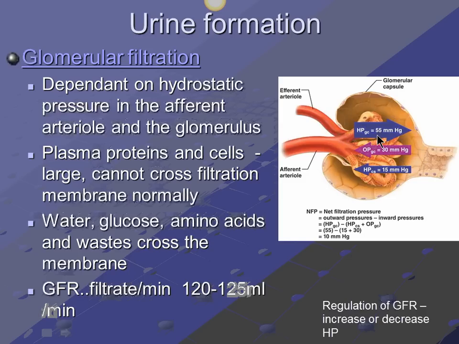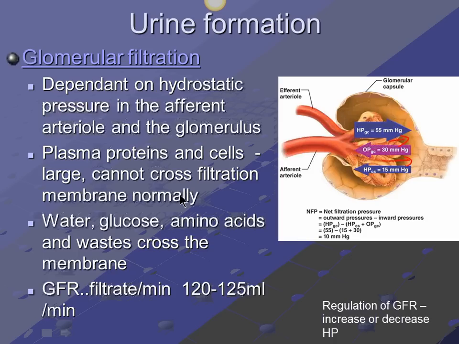And hydrostatic pressure is 55 millimeters, so that is more. So that's what throws the fluid, the blood, the filtrate. It passes through and gets into this capsular space. Then plasma proteins and cells which are really large, they cannot cross the filtration membrane normally, so they go back in the efferent arteriole.